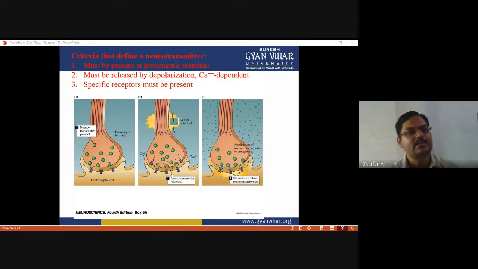It must be calcium ion dependent, and a specific receptor must be present. So these are the criteria of a neurotransmitter.